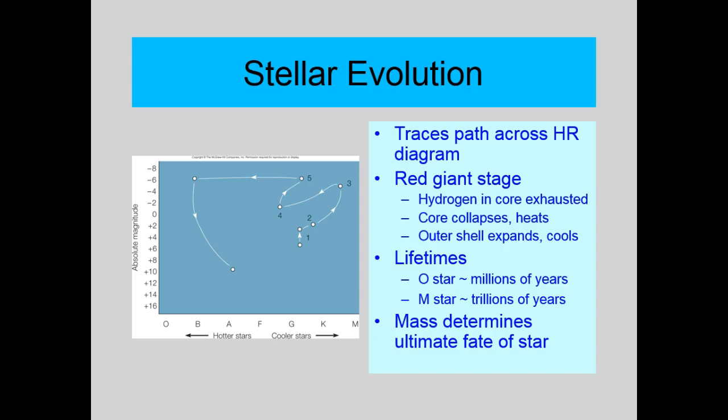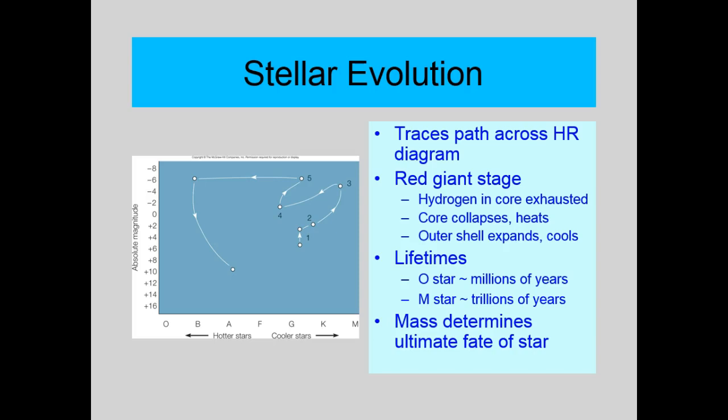And it may hang around at various stages in the red giant, and depending on the size, and this is not very specific here, but at the very end, it moves down this way. Now, we've only talked about this part. Don't worry about that part yet because we haven't gotten there.